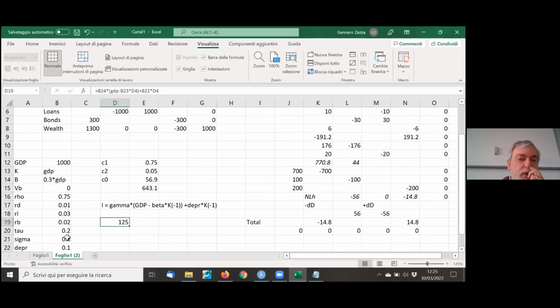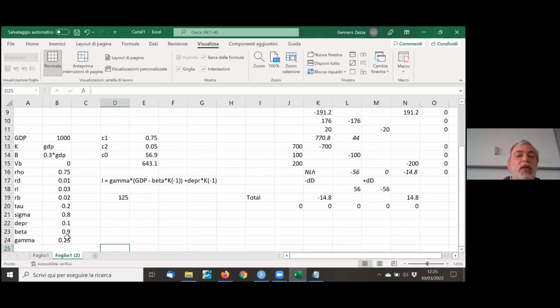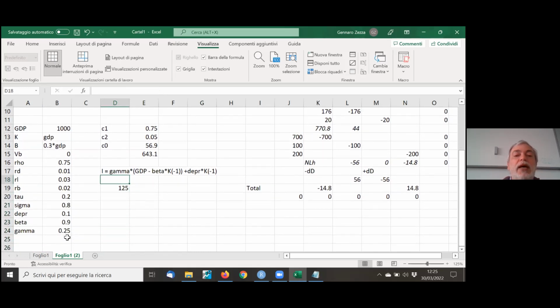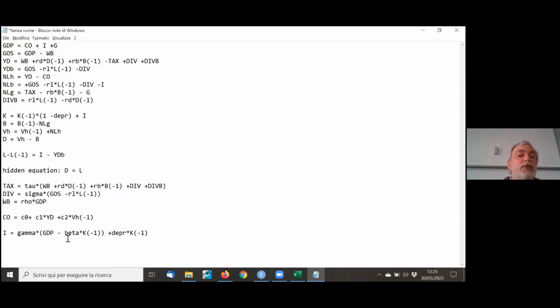So it's 125. And again, here I can either try to adjust the values of gamma and beta, or I can add also here another constant. If I add a constant, let's call this I0, and I put it equal to minus 25, I will have that investment is equal to 100.